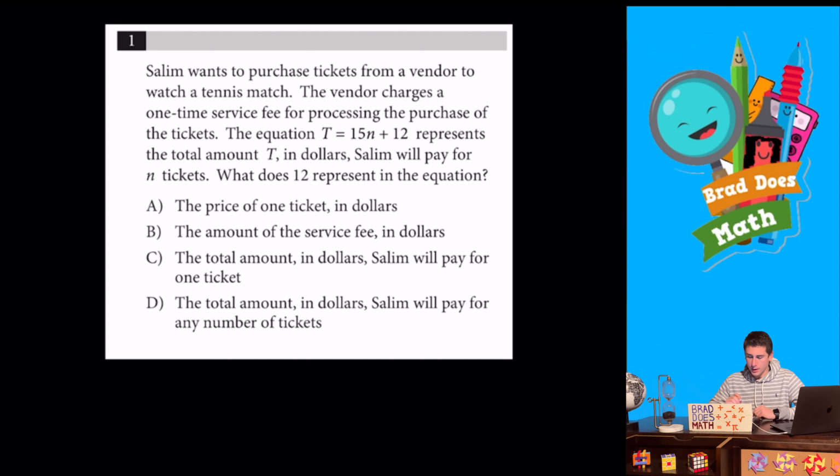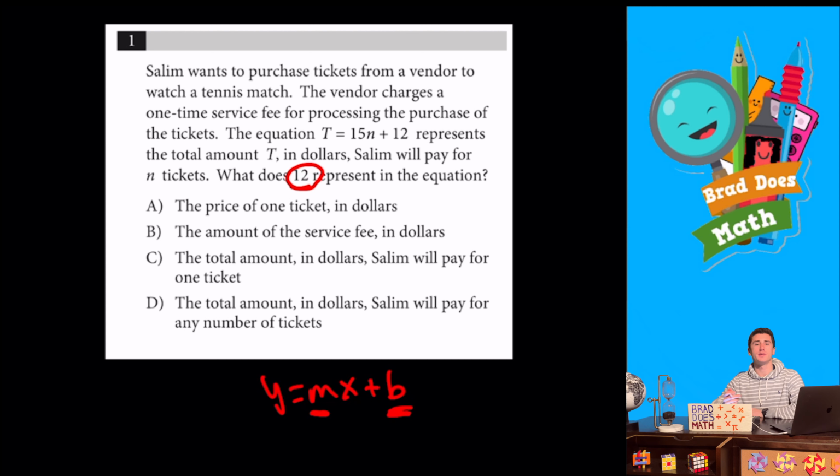So, number one, Salim wants to purchase tickets from a vendor to watch a tennis match. We have a one time service fee and this equation. And it says, what does the 12 represent? So, in y equals mx plus b form, the b is your y-intercept and the m is your slope.